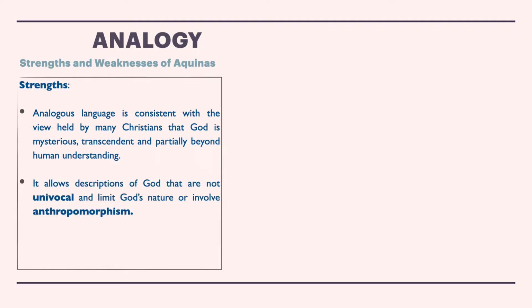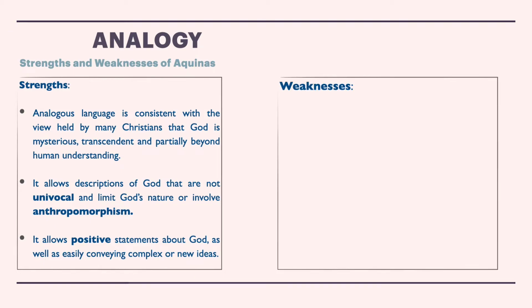It also allows descriptions of God that are not univocal, and therefore they don't limit God's nature. They don't involve anthropomorphism, as we've said. And it allows positive statements about God, and also helps us try and make sense of complex new ideas about him. But there are some weaknesses.